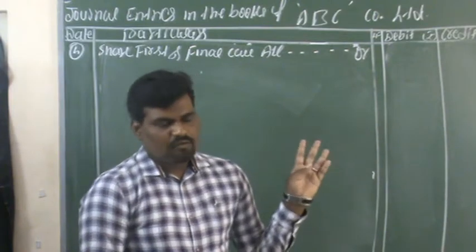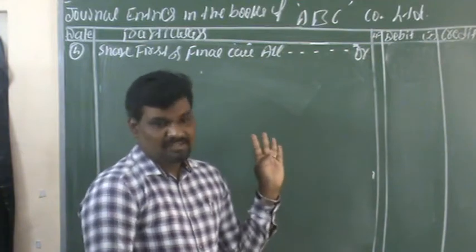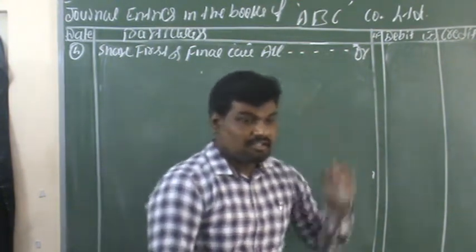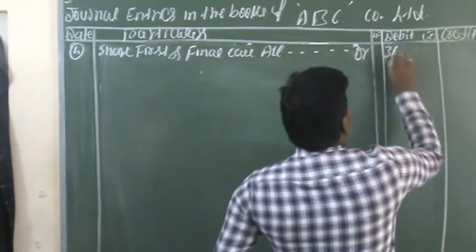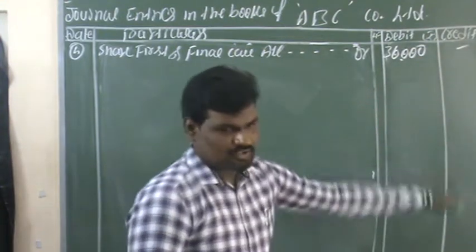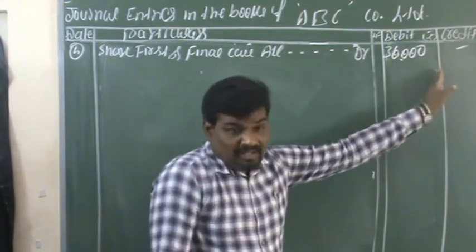They are receiving rupees 4 from each share, right? So 9,000 shares into 4 per share, I mean the amount receivable is 36,000 rupees.